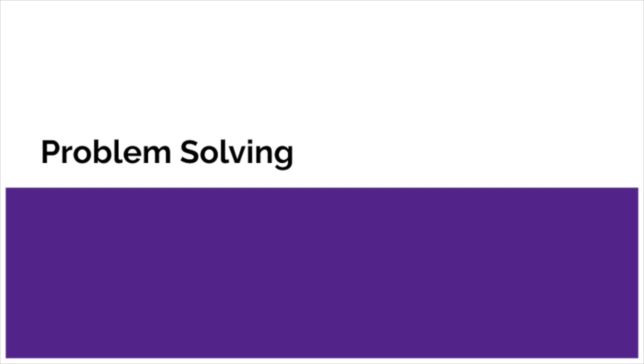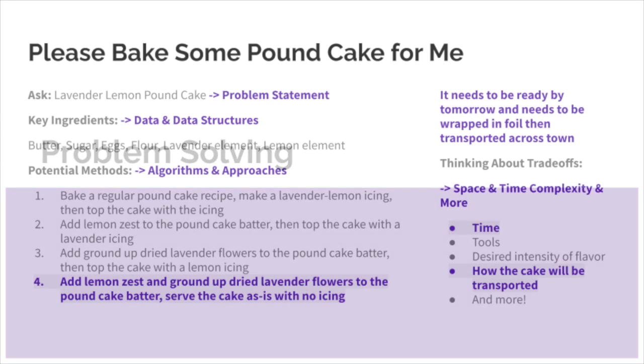And a lot of times they can seem really familiar. You might be like, oh, yeah, like last Thursday, my aunt asked me to bake a lavender lemon pound cake. Like, I'll just do the same thing. And sometimes that works. Sometimes the same cake you bake for your aunt is the same cake you can bake for your friend. Sometimes it doesn't work though. And sometimes you need to think about the framework that you have, the data structures, the algorithm, the approach, and everything, and think of the special unique case.